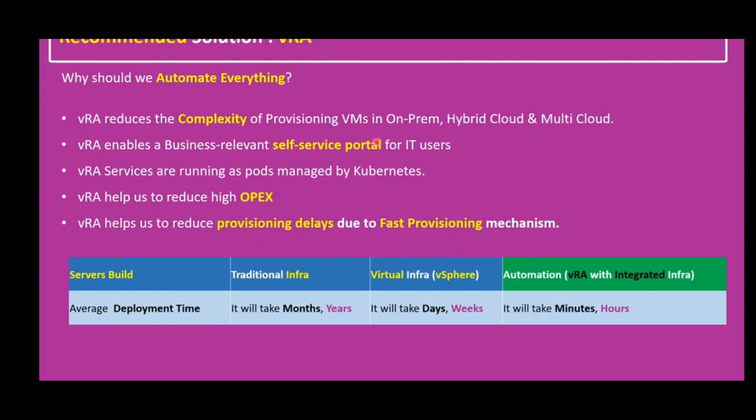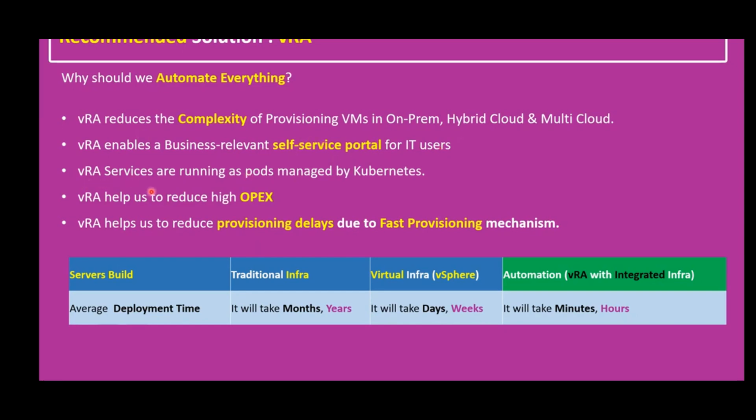This virtual machine automatically comes with a virtual machine OS, IP address, required storage, required firewall rules, software packages, everything in one single package, and the user submits only one single request. So we need not contact the network team separately, storage team separately, security team separately. All this process is automated with one request. Instead of raising multiple requests, within one request we close the case. So every task is automated.